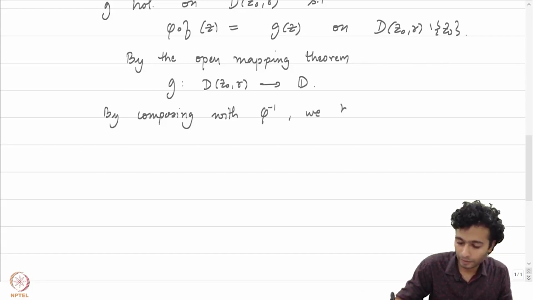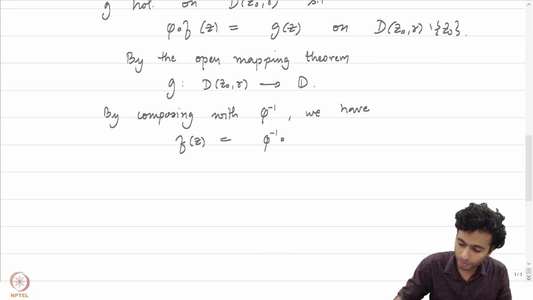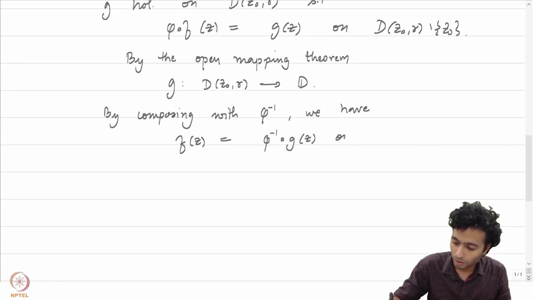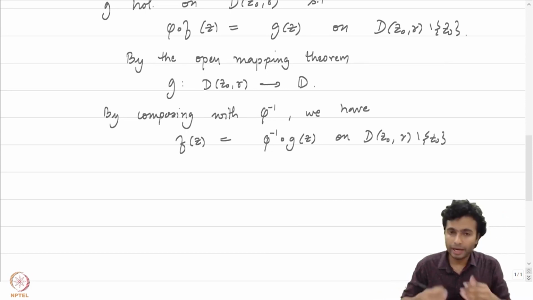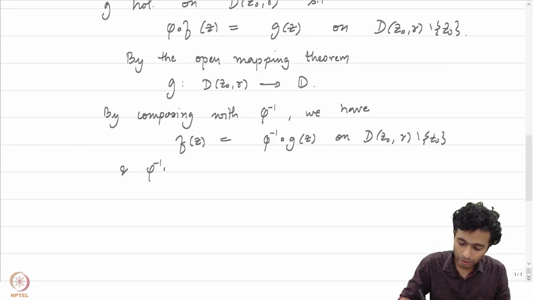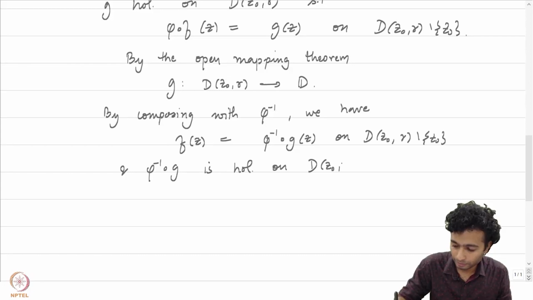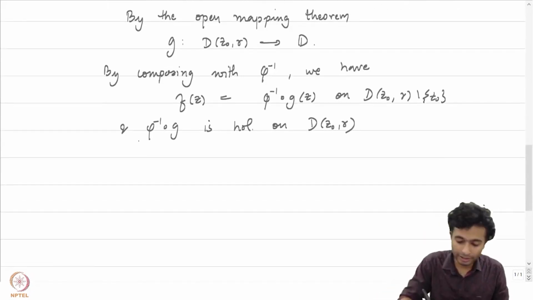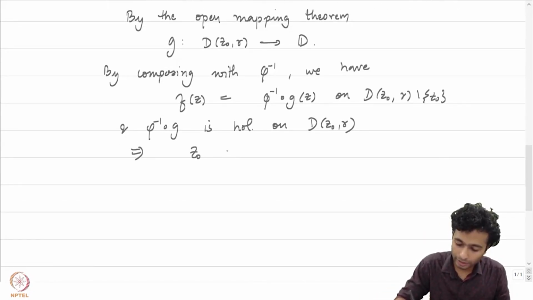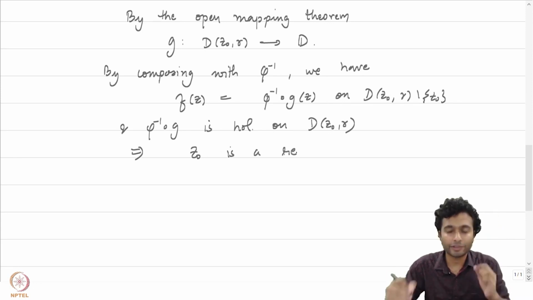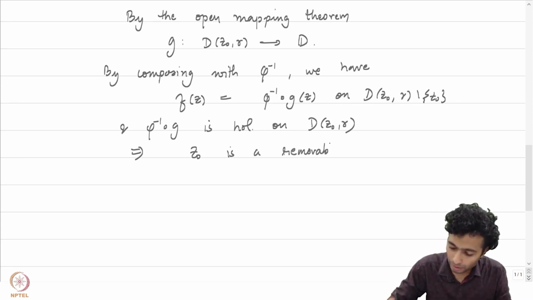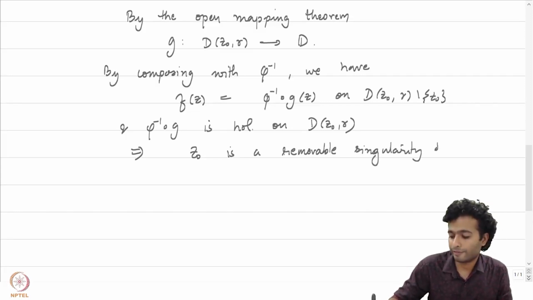We have f of z is equal to phi inverse composed with g of z on D(z0, R) minus z0, and phi inverse composed with g is holomorphic on D(z0, R), and therefore this tells us that z0 is a removable singularity of f, by the very definition of removable singularity.